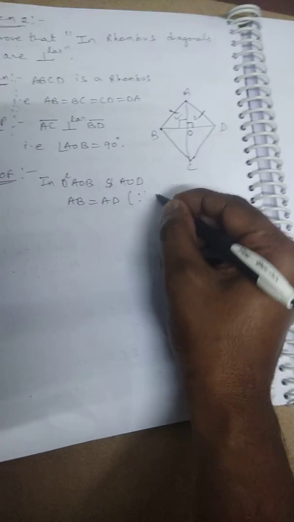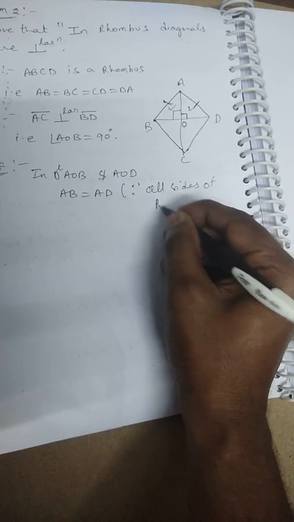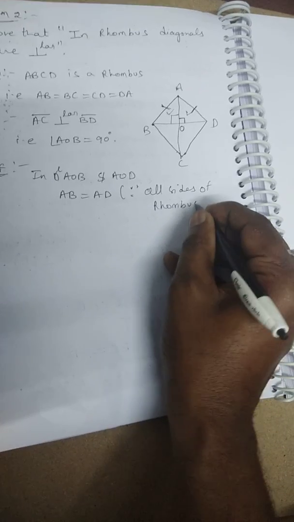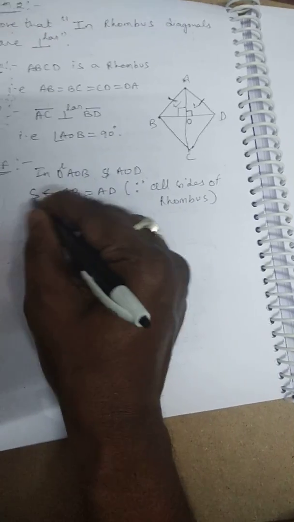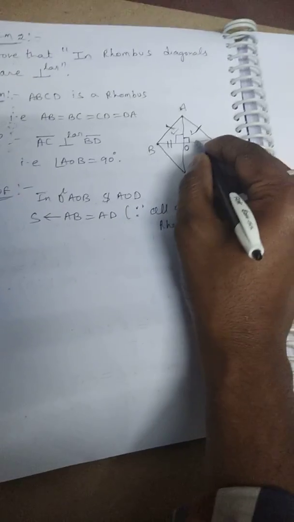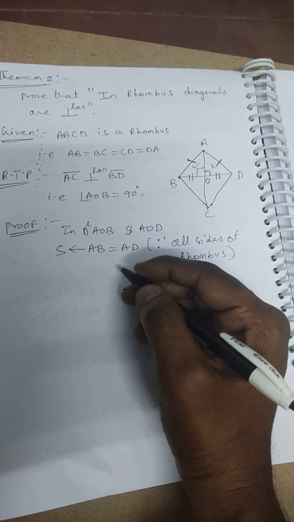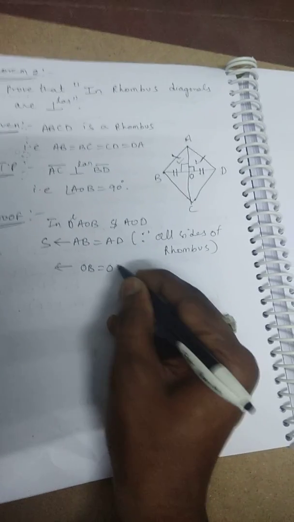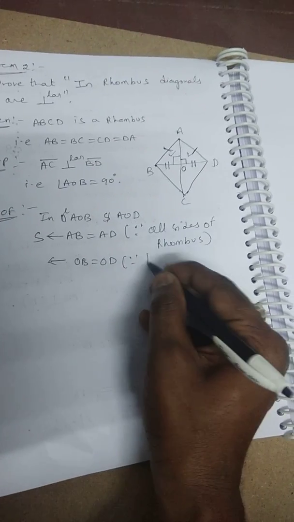Why is AB equal to AD? Since all sides of a rhombus are equal, this is equal. This is one side. Next, OB is equal to OD, since diagonals bisect each other.